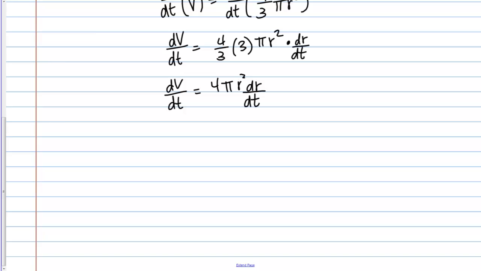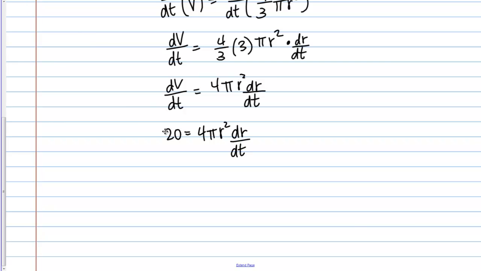So the next step, if you're following along with the recommended steps, says to plug in values that never change. So this is usually referring to the rates that we know. So for example, I know that dV/dt equals 20. So I can go ahead and plug in that 20. And I would get this.